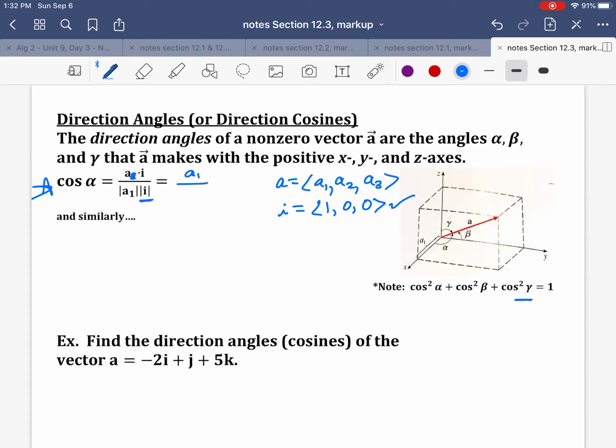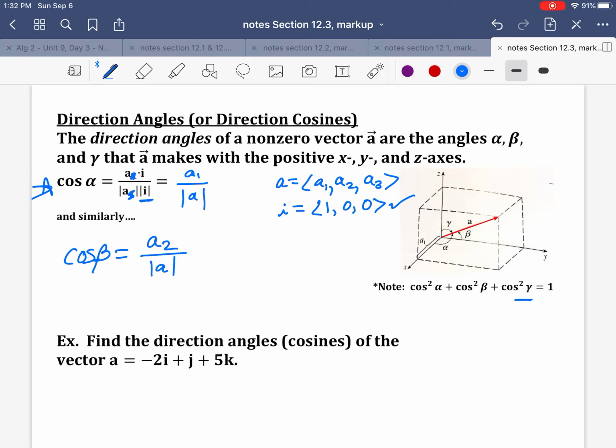At the bottom, what's the magnitude of i? It's a unit vector, so the magnitude is 1, so why bother multiplying something by 1? We're just going to leave this as the magnitude of A itself. That little 1 should not be there. Sorry about that.